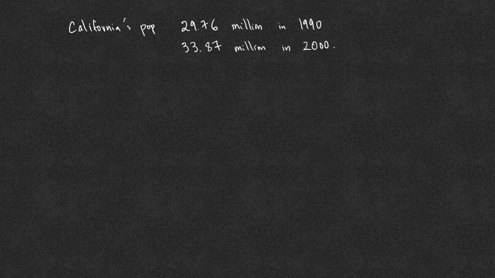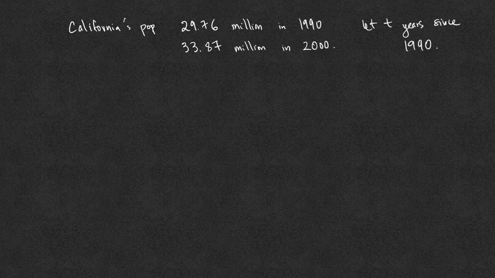California's population was 29.76 million in 1990 and 33.87 million in 2000. Assume that the population grows exponentially. We're going to find the function that models the population t years after 1990, so we'll let t be the years since 1990.